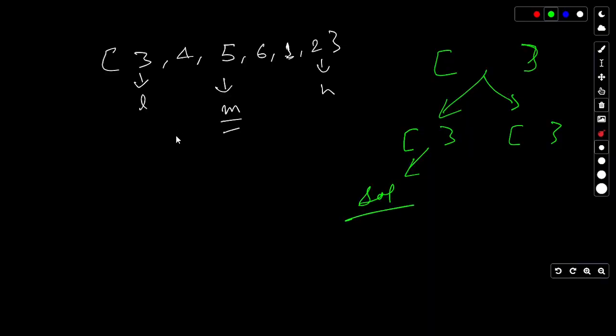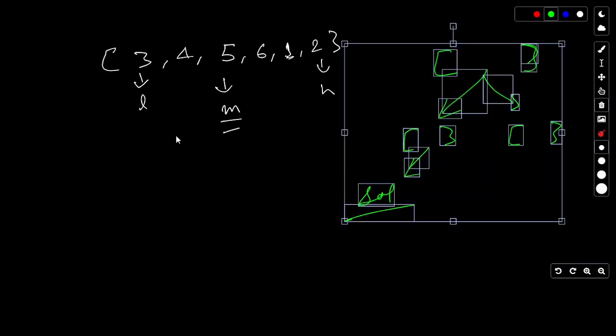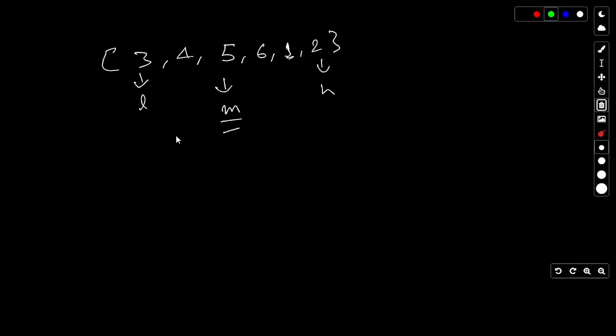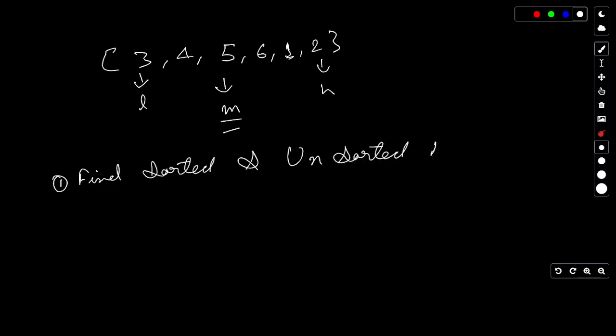So within this problem we will do the same. We have to find a logic through which we can break down this array into half. The first thing to notice here is that we need to find the sorted and unsorted half.